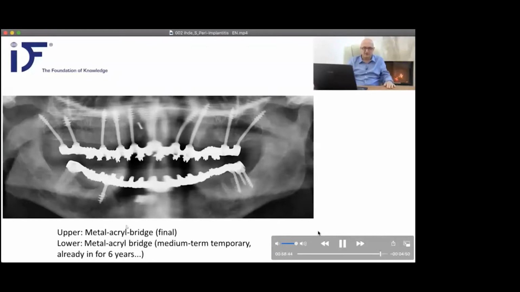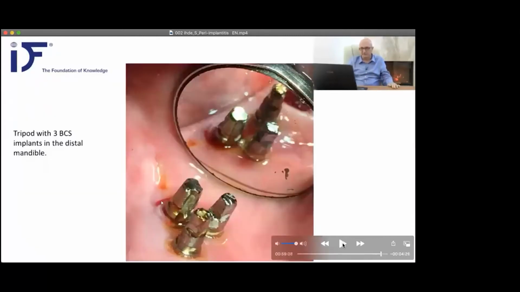When I prepared this lecture, it was maybe 1 year ago. Already the patient was not coming for 6 years. He only sent us every now and then panoramic pictures, so everything is okay. So the patient seems happy with the situation. And in my view, he's still under-equipped. I mean, there should be a few more implants, but as you can see, these things can go forever.